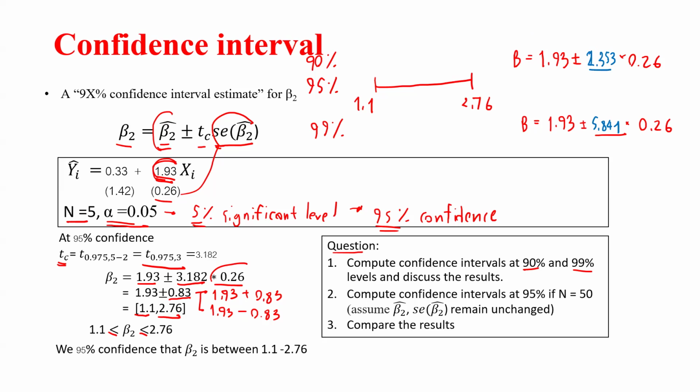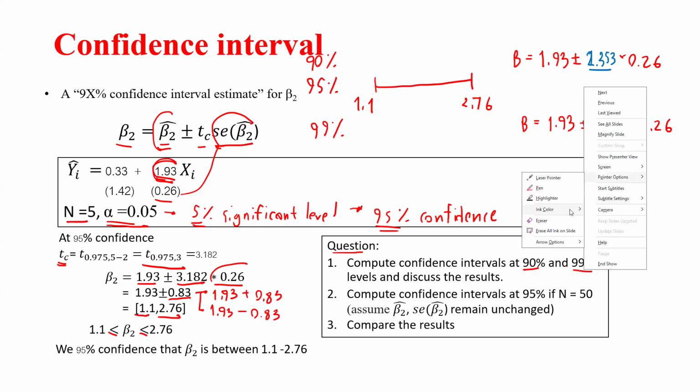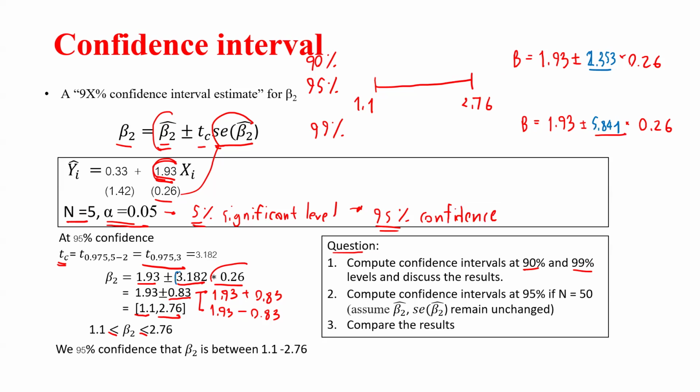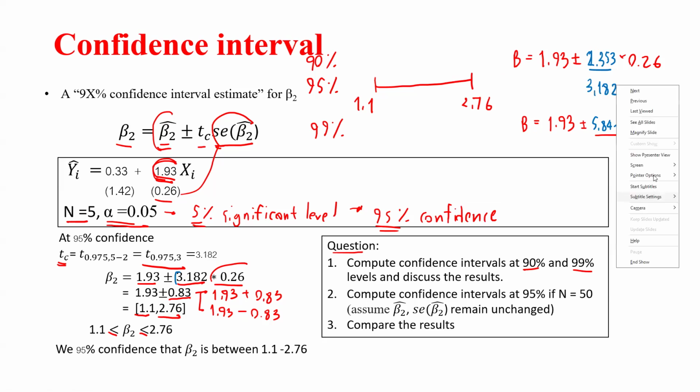Do you get a wider value or a narrower value without calculation? I will write down again for the 95%, the t value is 3.182, and the rest is the same, right?